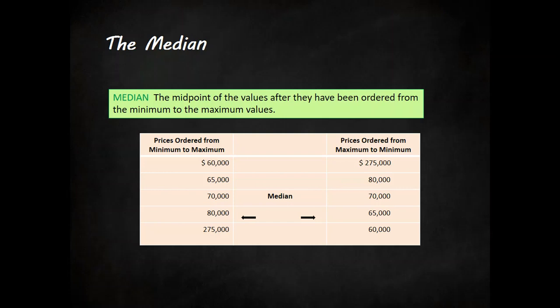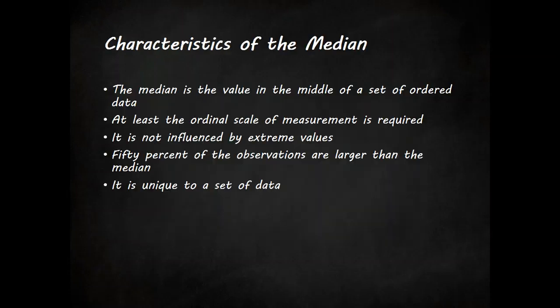If you were to do the mean, it would drastically skew or alter the measure of central tendency, and the mean of this would actually be $110,000, which doesn't really represent this sample very well. So in this situation, because of the extreme value, it might actually be better to utilize the median. And the median is you order it from minimum to maximum, and you take the value that is in the center. In this case, it's 70,000 that is in the center of the sample.